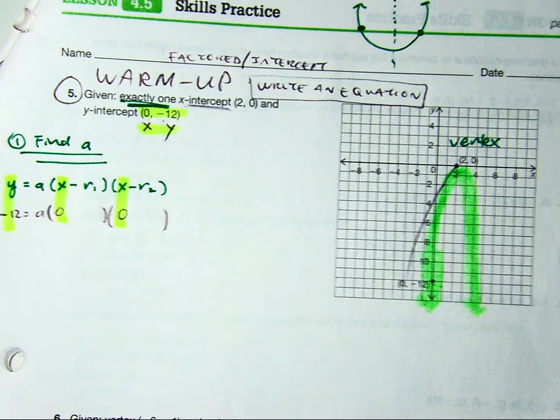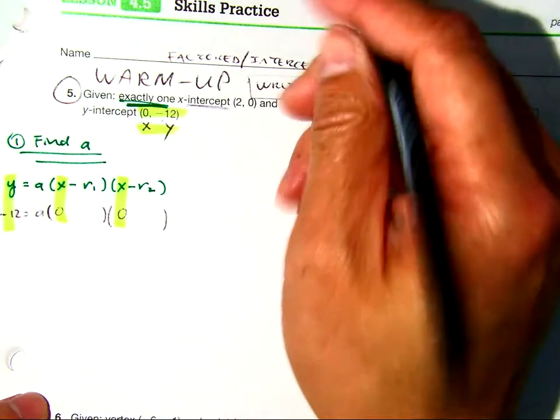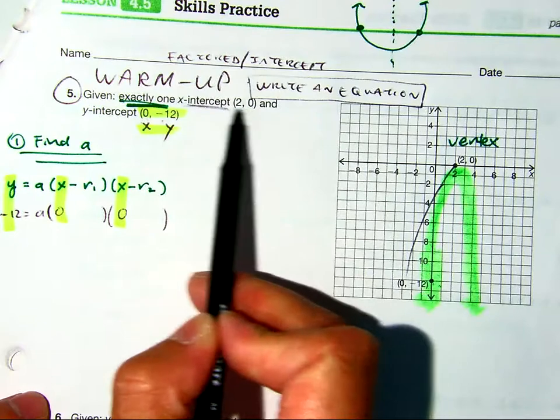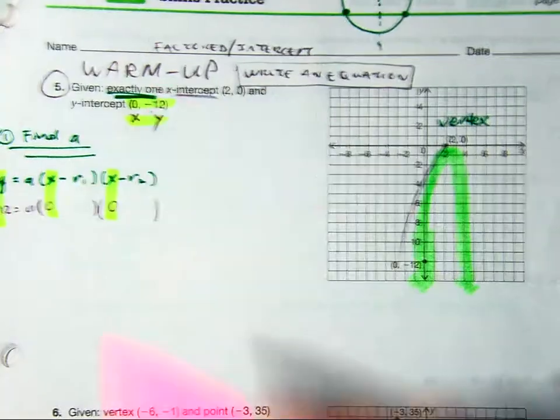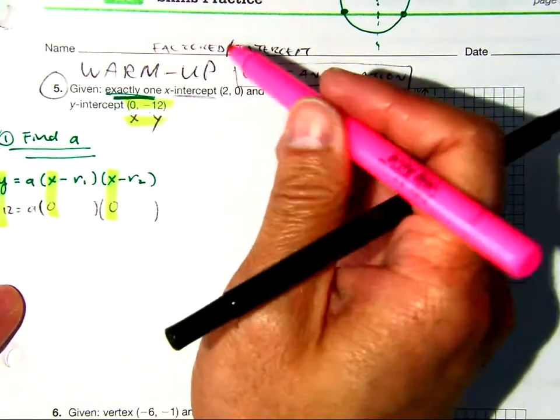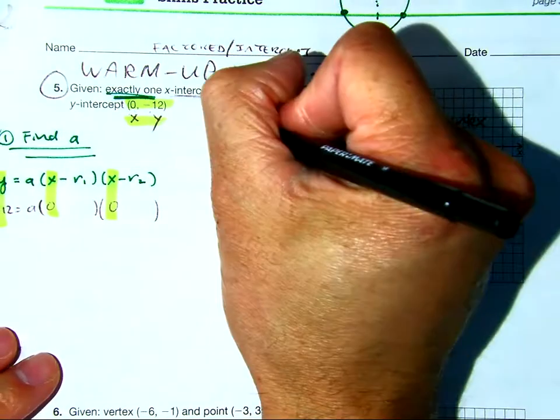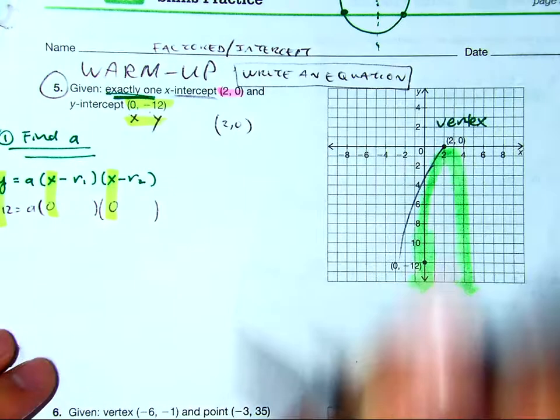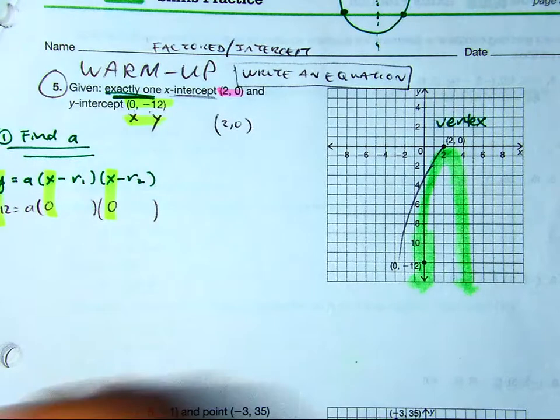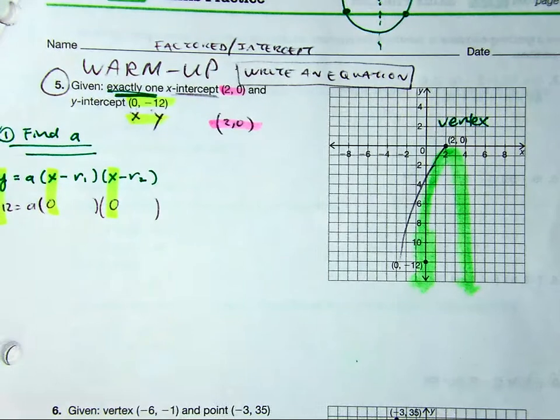Okay, now, because this x-intercept actually represents both the r1 and r2 values. Another way to think about it is there's actually two (2, 0)s. Let me state that again.